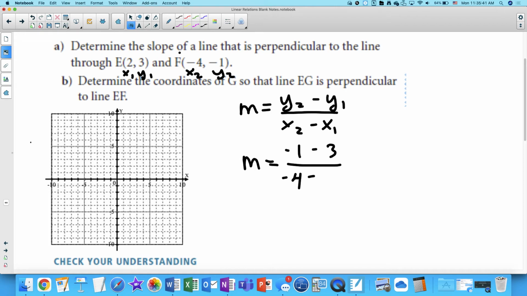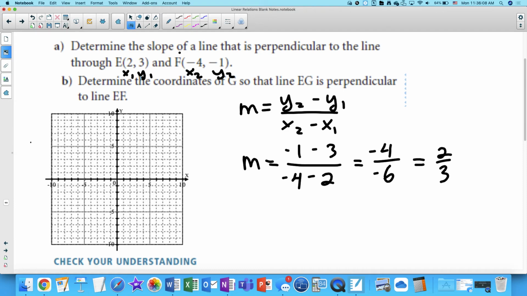Minus x1 is 2. Now you can start calculating. So this becomes negative 4 over negative 6. Then we can reduce that to 2/3, and actually the negatives both cancel. Negative divided by negative is positive. So this is the slope of EF.